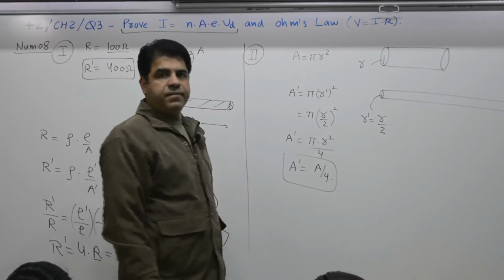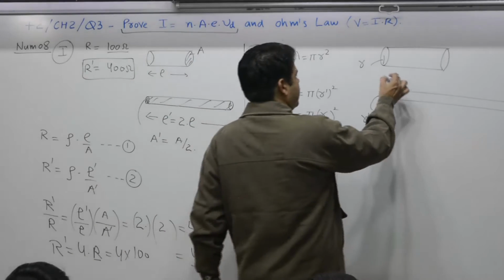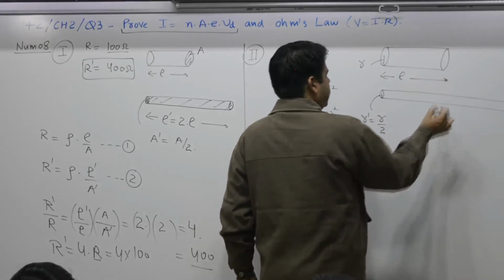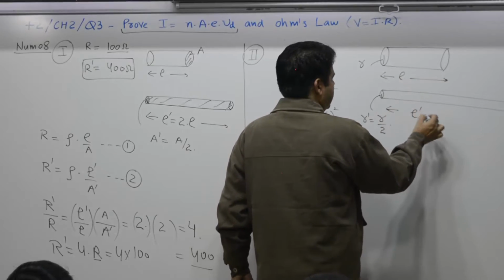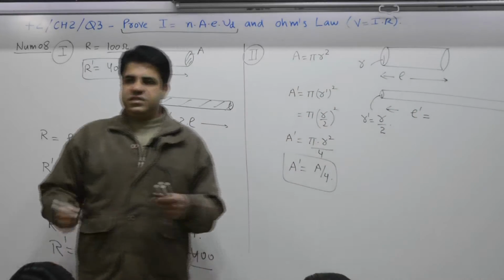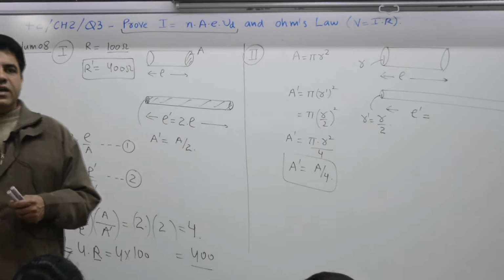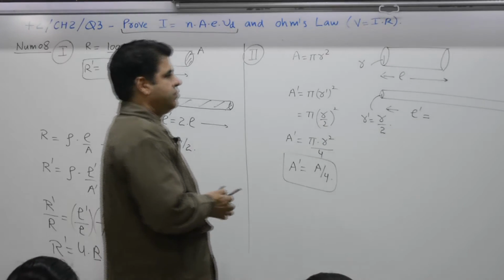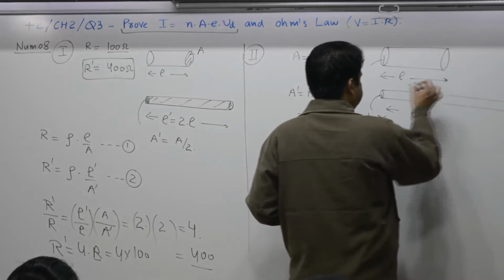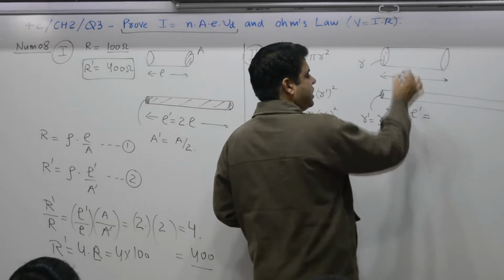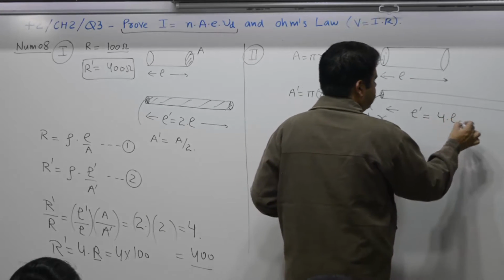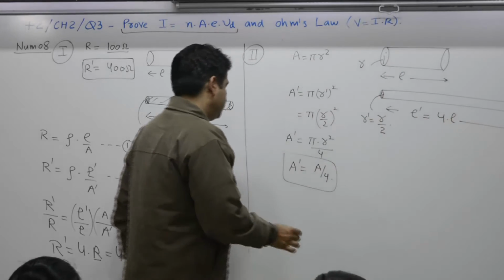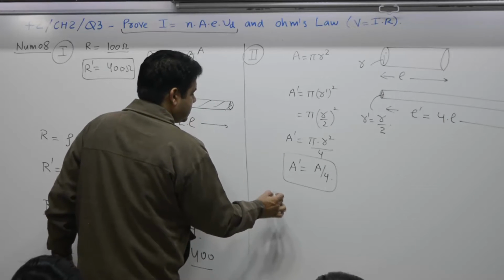Yes. Length. If original length is L, what is new length equal to? Area A dash is 1 by 4 of original area. The length comes out to be how many times? 4 times.